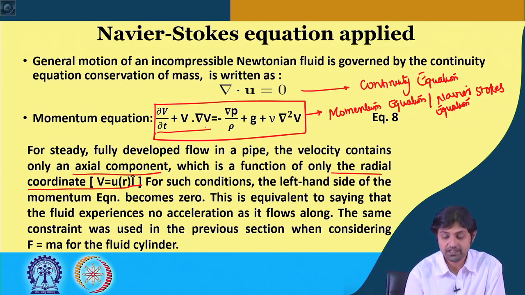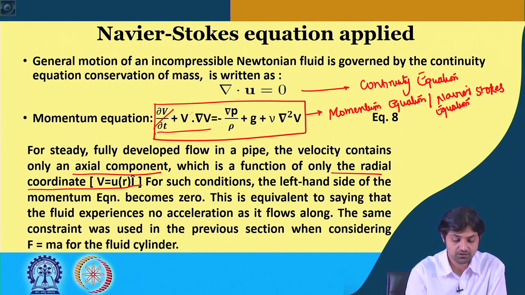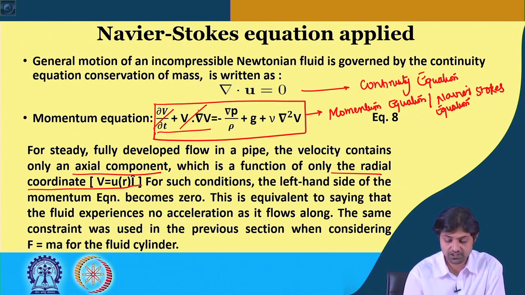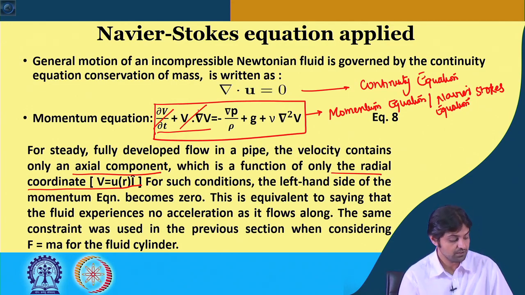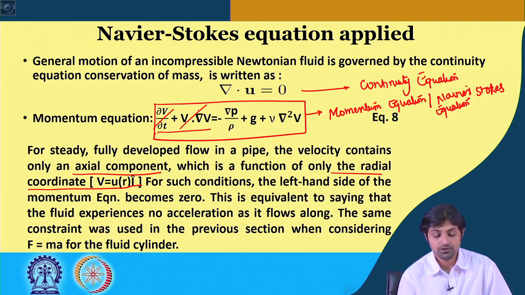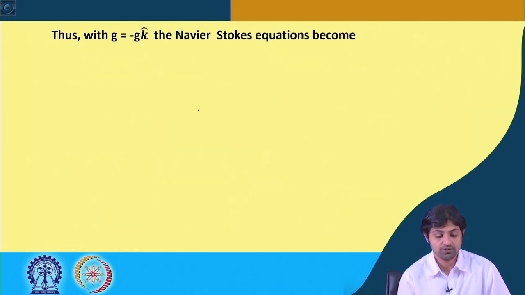This is equivalent to saying that the fluid experiences no acceleration, it flows along. So, convective acceleration and everything is 0. This is local acceleration, this is convective acceleration. Okay. The same constraint was used in the previous section when we considered F is equal to ma for fluid cylinders. So, left side of the Navier-Stokes equation becomes 0 because there is no acceleration in the flow.